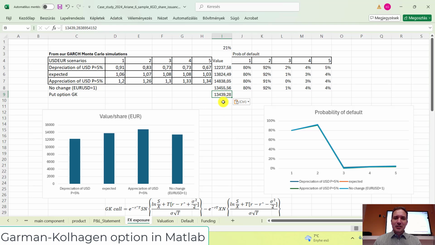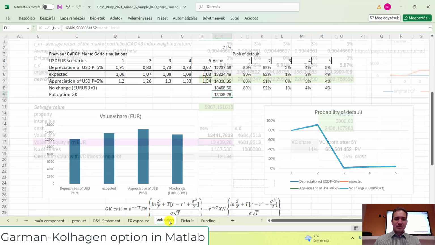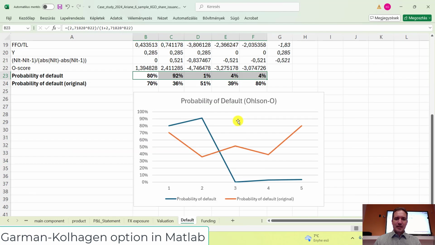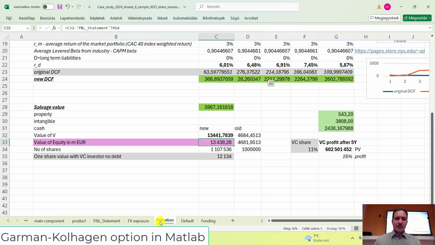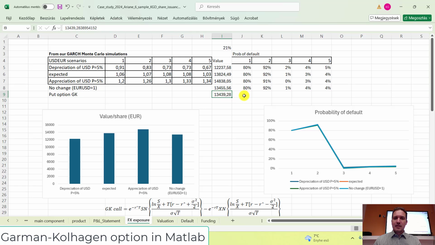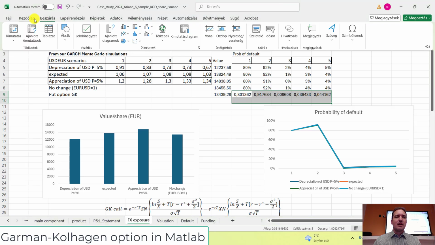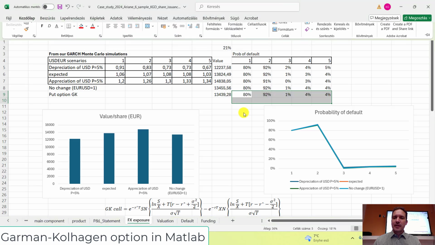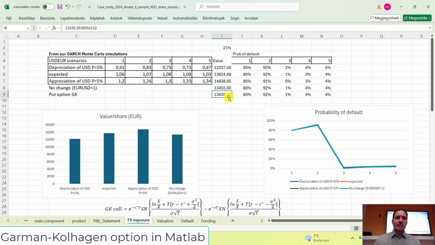Valuation did not change at all. Probability of default. Also, I think it was not affected. It shouldn't be affected, yes. Okay, so Garman-Kohlhagen, we can do it, we can sleep well, but at the end of the day we don't have much problems.